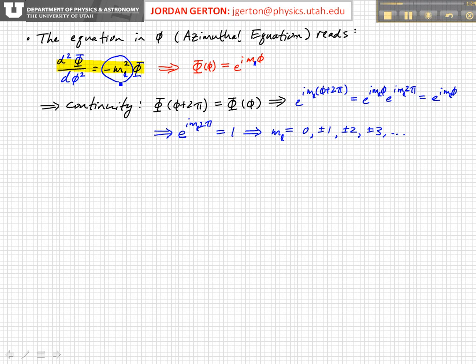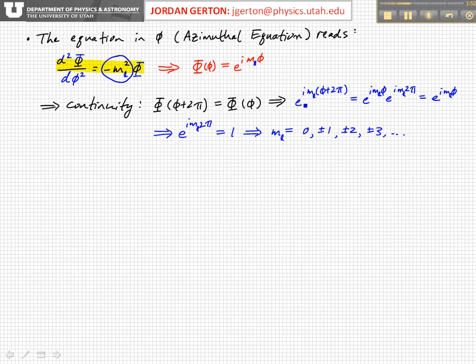We need to determine its allowed values, okay, and so we basically have to have continuity. That is, when we go around the azimuthal direction by one rotation, that is, when phi goes to phi plus 2 pi, then the wave function has to be equal to itself there. It has to meet smoothly.